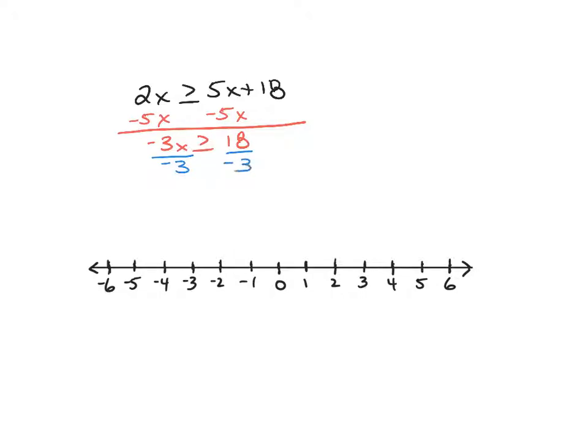When I divide by a negative 3, I end up with x on the left-hand side and a negative 6 on the right-hand side. But remember, I need to reverse my sign. So I get x is less than or equal to a negative 6, which means when I graph this, I'm going to put a closed dot at negative 6, and I'm going to show all the values that are less than a negative 6.